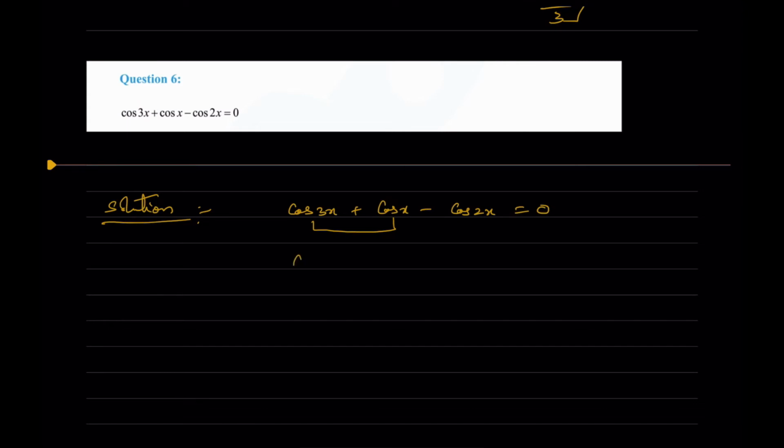So cos a plus cos b is equal to 2 cos of (a plus b) by 2 into cos of (a minus b) by 2. This is the formula which we are having.